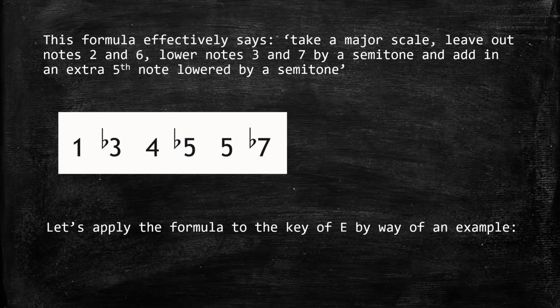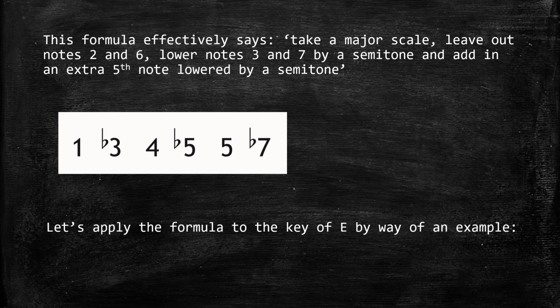This formula effectively says take a major scale, leave out notes 2 and 6, lower notes 3 and 7 by a semitone, and add in an extra fifth note lowered by a semitone. 1 flat 3, 4 flat 5, 5 flat 7.